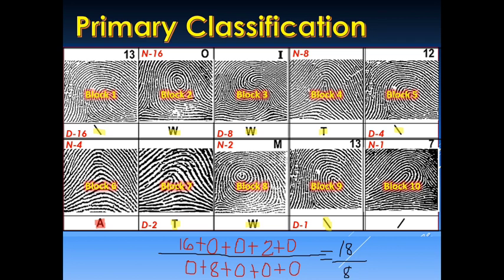And then next thing is we are now going to add the 1 over 1. Again, this is constant. So in this particular example, our primary classification now will be 19 over 9. So again, this is our primary classification.